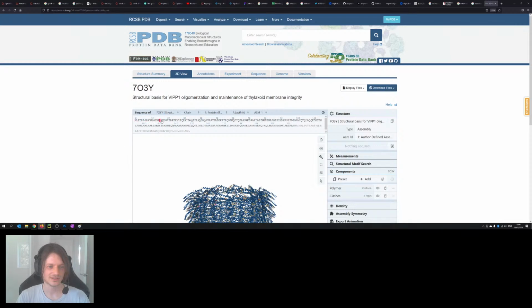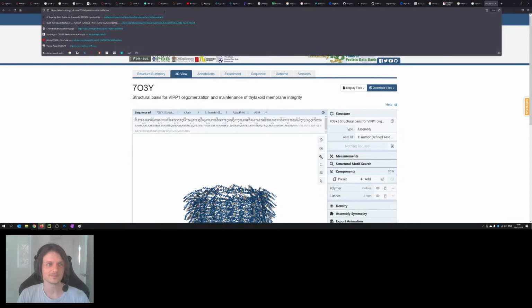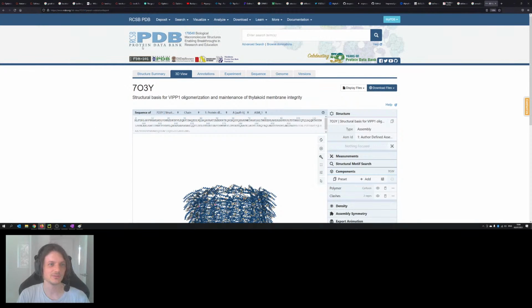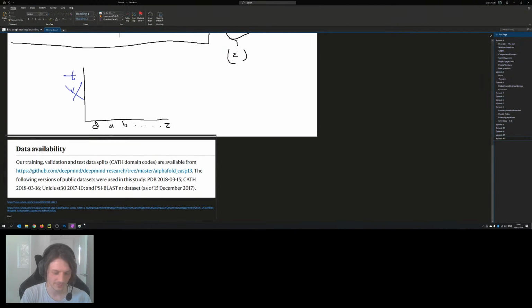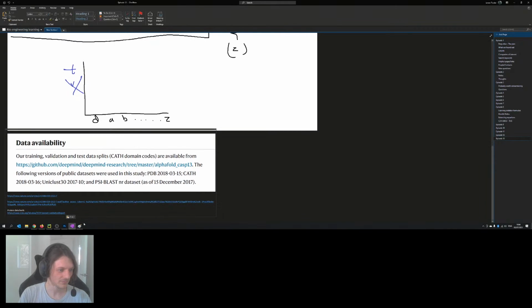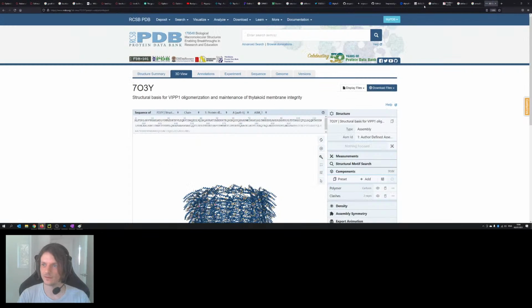Sequence. Oh my god. They are so kind to put this. Okay. Protein. What is this? Protein data bank. Okay.